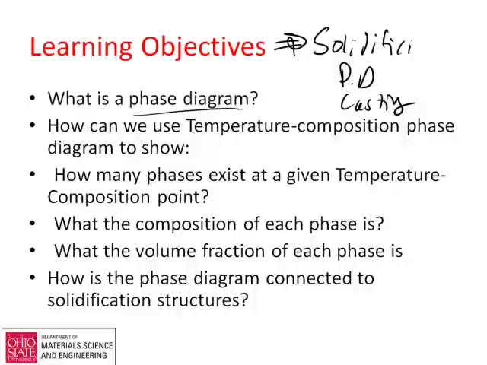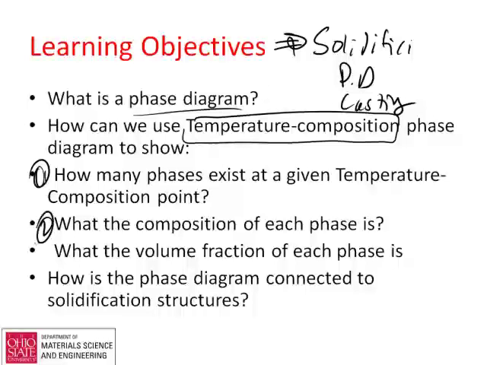In material science, and all of you with a chemistry background know about phase diagrams, we're going to use a particular form called a temperature-composition phase diagram to show, number one, how many phases exist at a given temperature and composition point. Secondly, we can talk about what the composition of each phase is. Third, we can talk about the volume fraction of each phase.